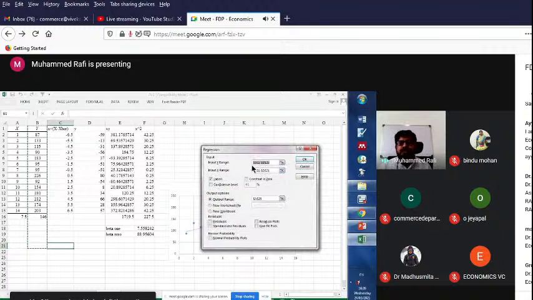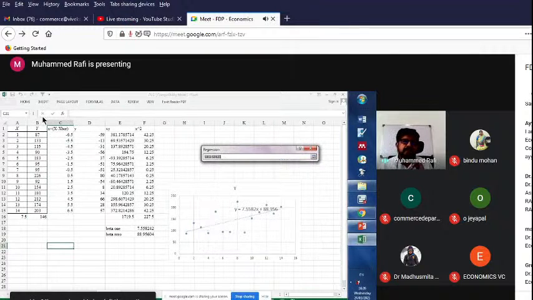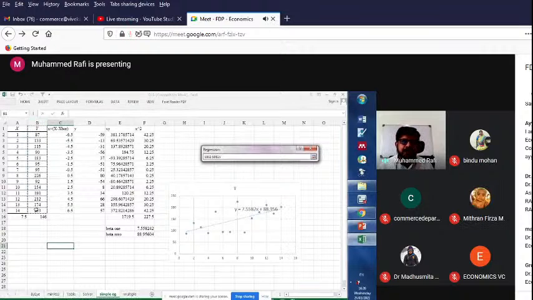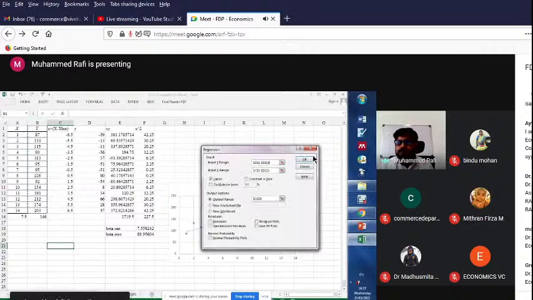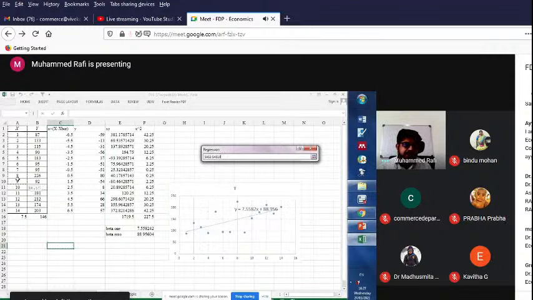Okay, so this will ask you the input y range, which is your y variable, the dependent variable, and the input x range. Input x range means the independent variable. So you can select the independent variable here.